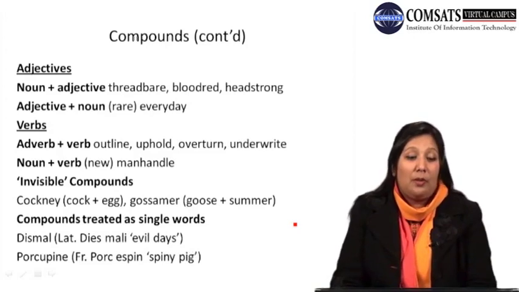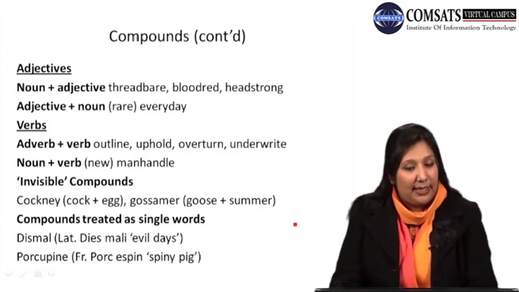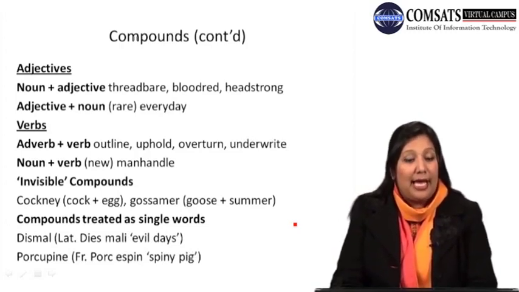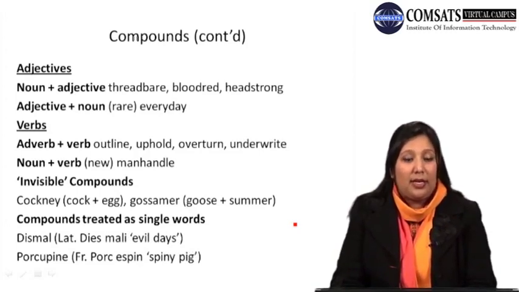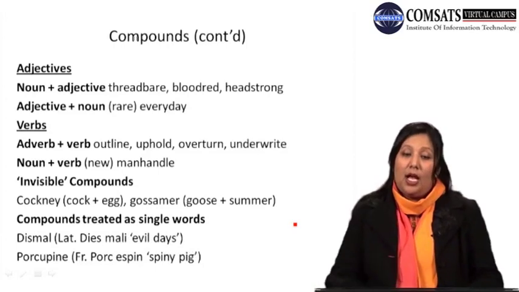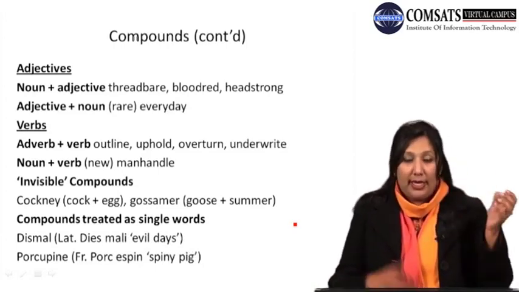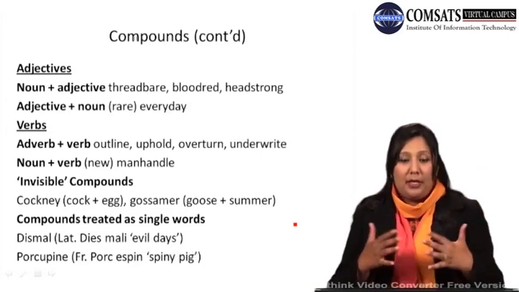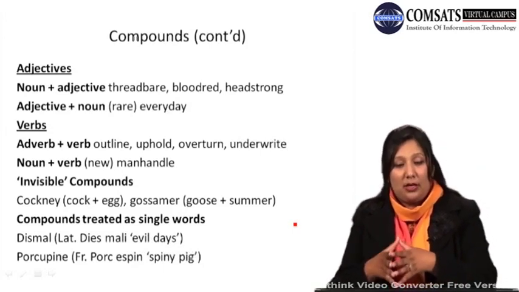Then verbs, that is a combination of adverbs plus verb. For example, in the word outline, out is an adverb, whereas line is a verb. Outline is a compound word made of adverb plus verb. The next is uphold. Up is an adverb and hold is a verb. It is a compound word, a combination of adverb plus verb.